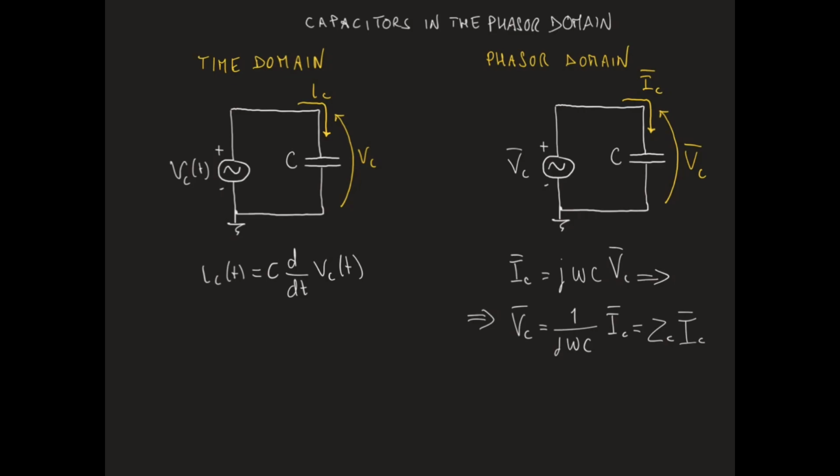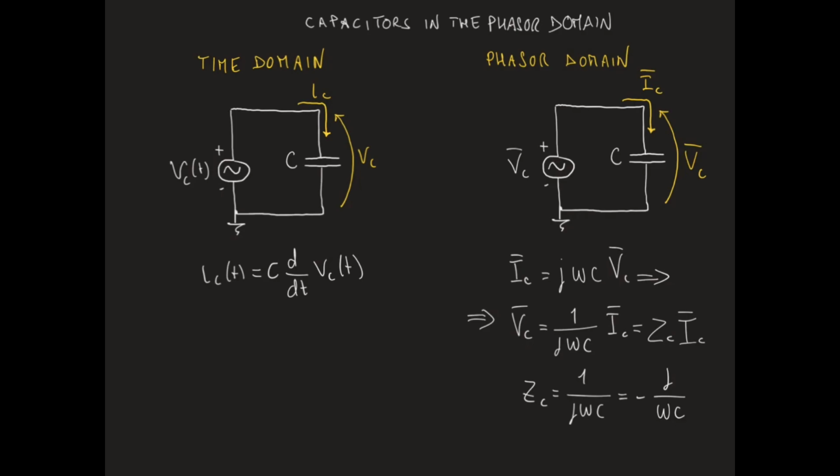In this form, the relationship bears a neat resemblance with Ohm's law for resistors, where the voltage is obtained as the current multiplied by the resistance. Here, the role of the resistance is played by Zc, which is equal to 1 over j omega C, or minus j over omega C.